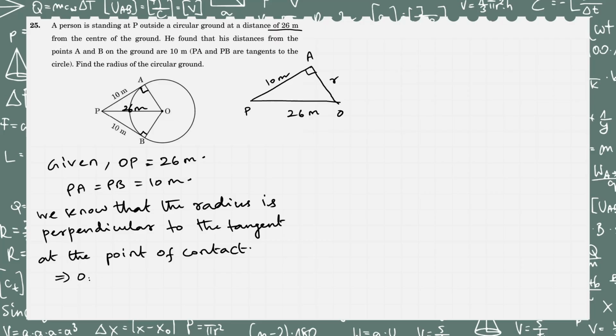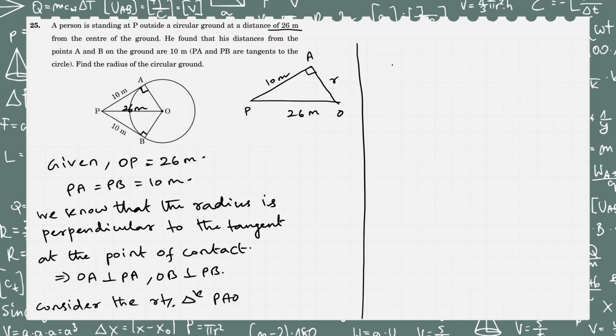That implies OA perpendicular to PA. In the same way, OB perpendicular to PB also we can take, right? Any one triangle is sufficient to find the radius. So let us take triangle PAO. Consider the right triangle PAO.